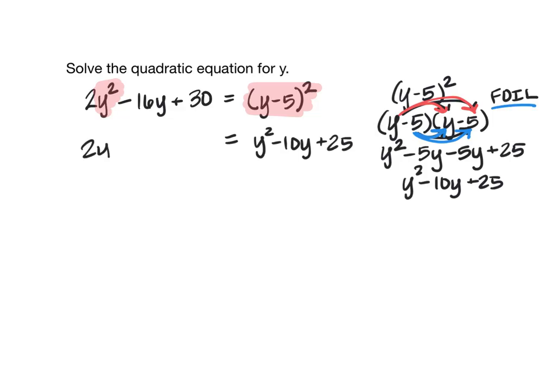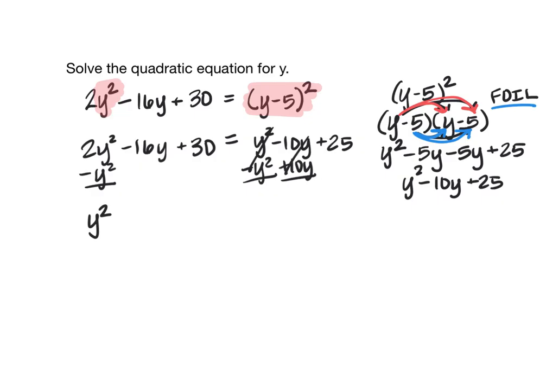So now that we've expanded the right side of the equation, we want to bring all the terms to one side so we can set this equation equal to 0. So we're going to subtract the y squared and bring that over to the left side. So 2y squared minus y squared will be just a 1y squared. We will add the 10y.